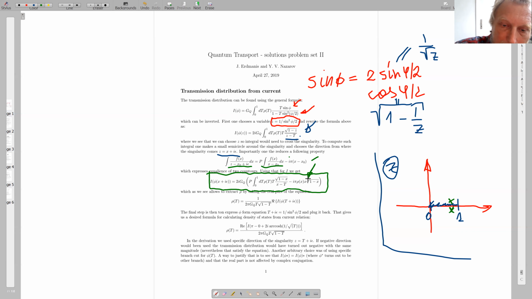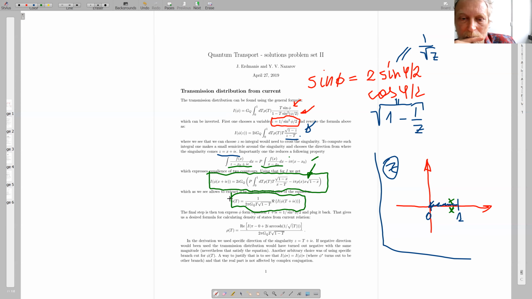So we write it like this. Implementation of the Cauchy formula. All right.